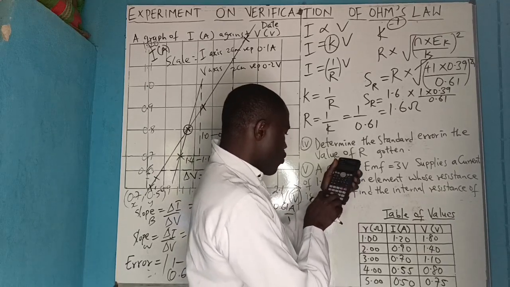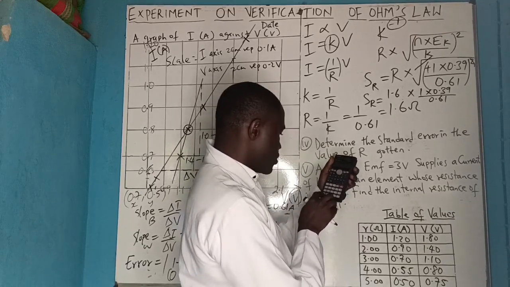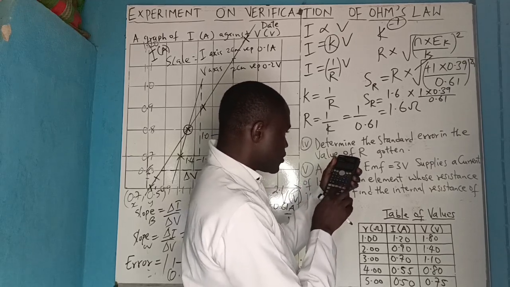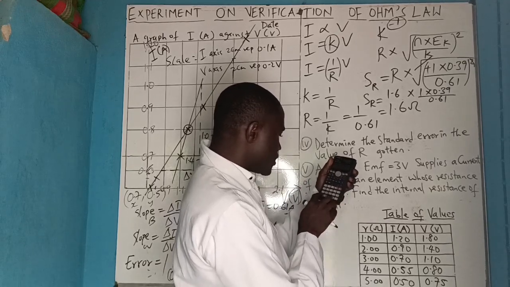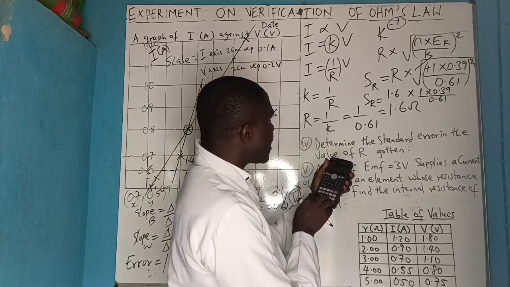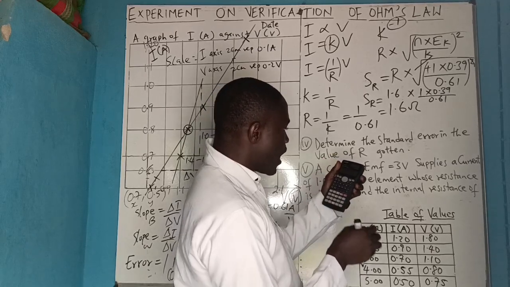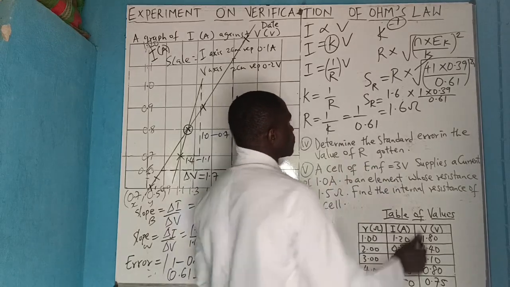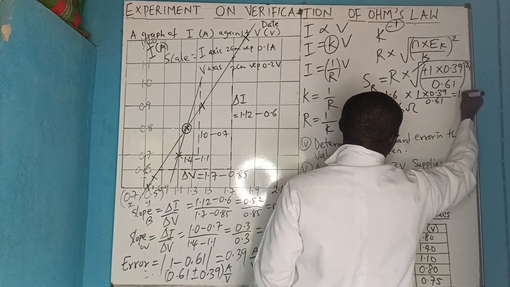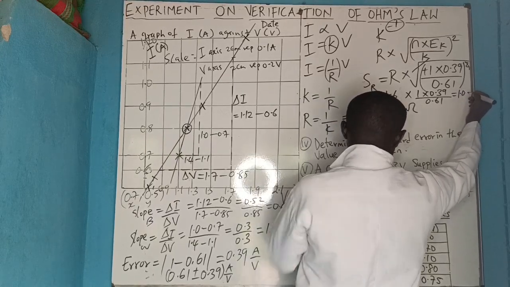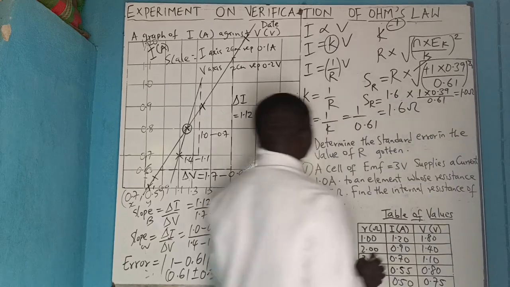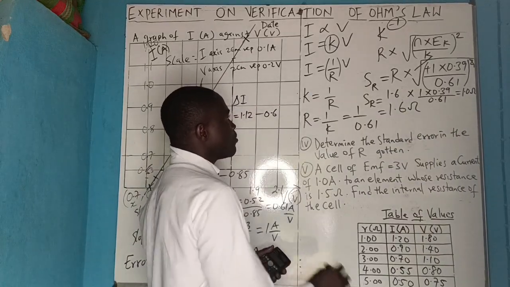We have 1.6 times 0.39 times 1 divided by 0.61. That will be giving you 1.0. SR is equal to 1.0 ohm.